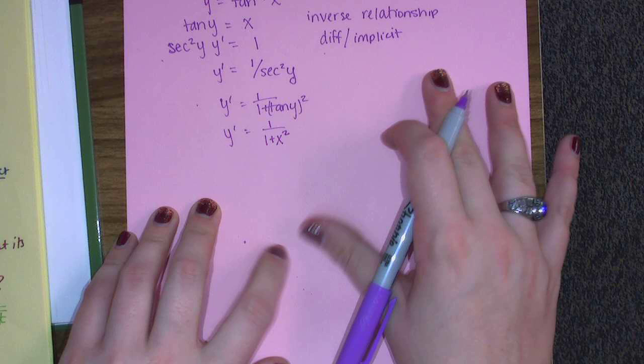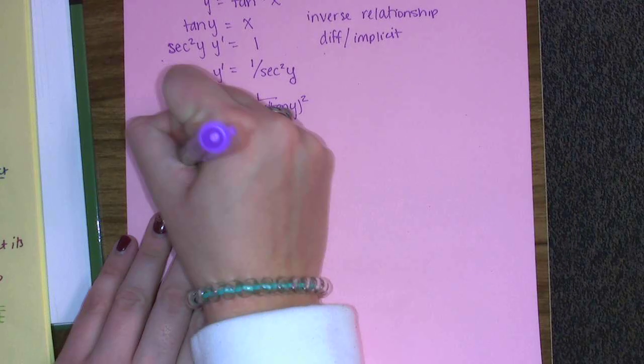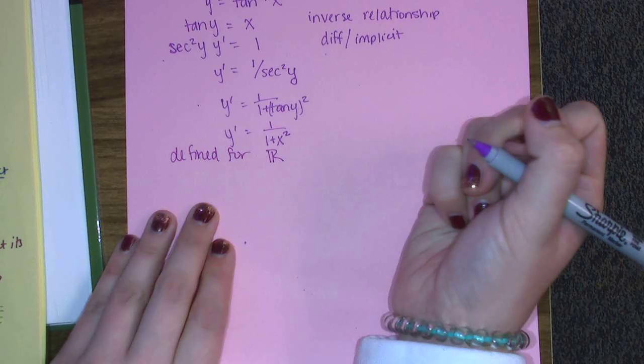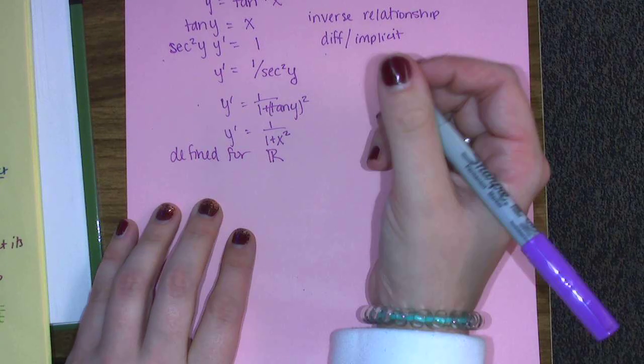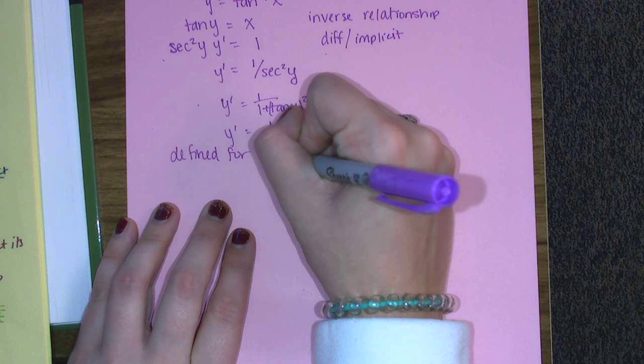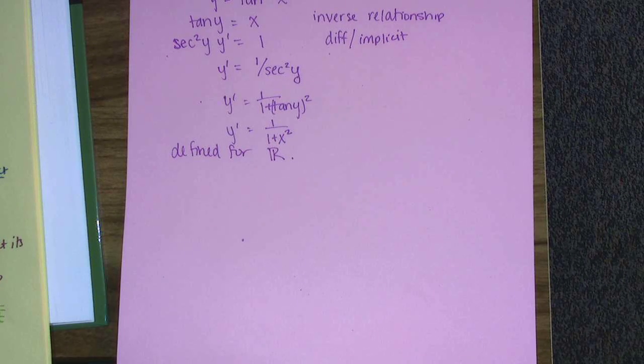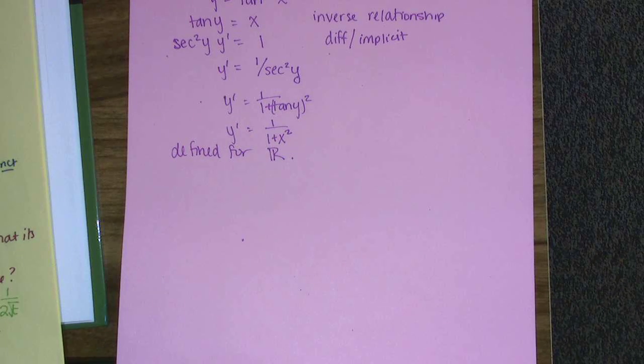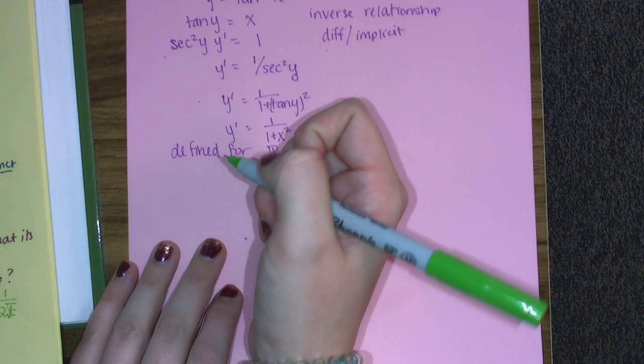And then this is defined for all real numbers. I'm just going to do the fancy R to show that that's what that means. So again, same thing with u. Basically, I'm just going to write the u version out.